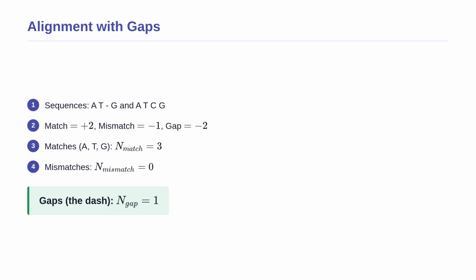Evaluating column by column, we have 3 matches, A, T, and G. There are 0 direct mismatches. However, we have 1 gap, represented by the dash in the top sequence. We need to calculate the new total score to see how this gap affects the overall alignment quality.